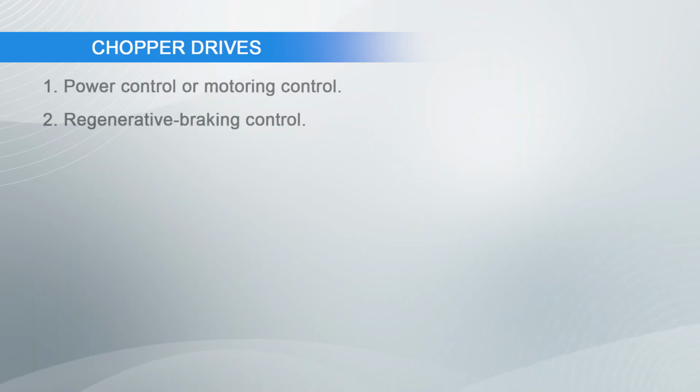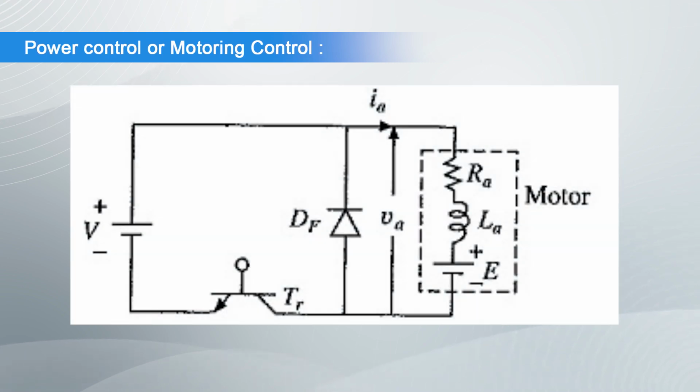There are two different modes of operation of a chopper drive system. The first one is power control or motoring control, and the second one is regenerative braking control. So, first we start with power control or motoring control.